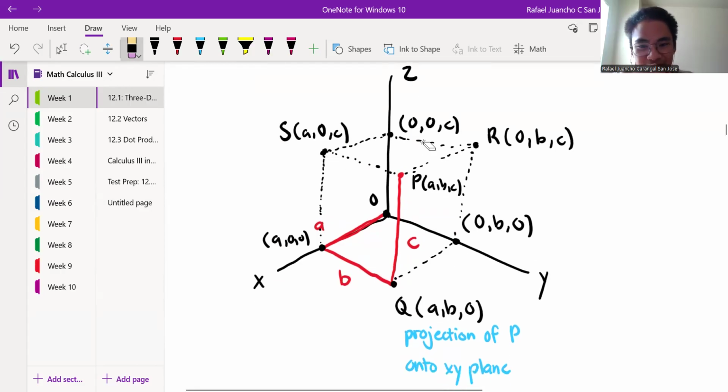And we can actually get points here, right? So this is the point we initially got, the A, B, C. And then this is 0, 0, 0, which is our origin. And then this is A, 0, 0, because we go A number of times.